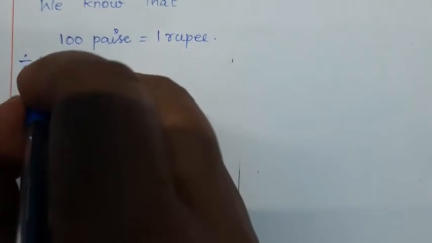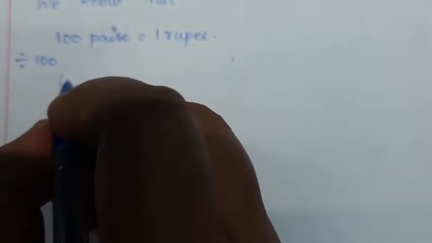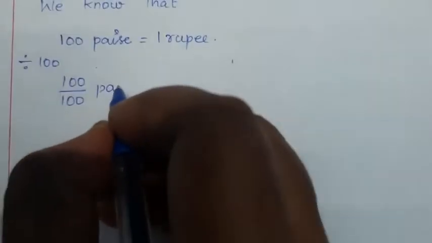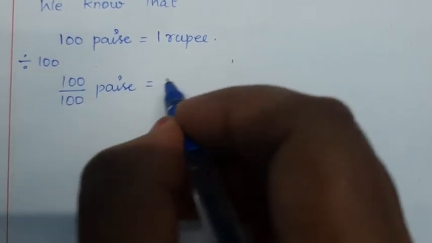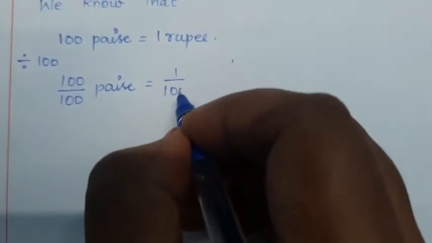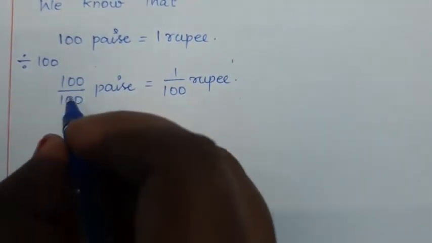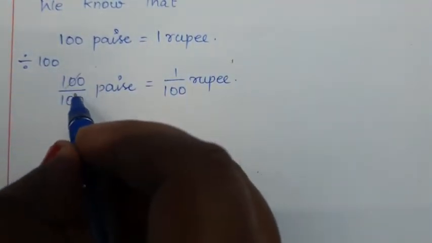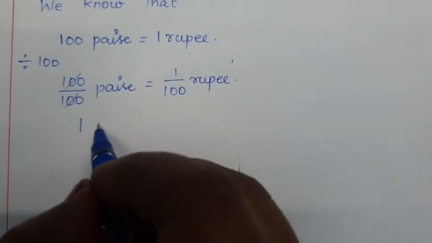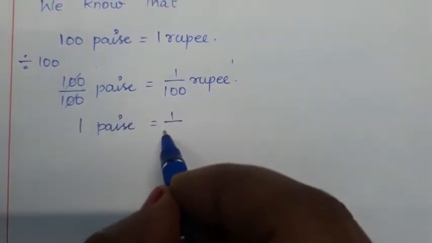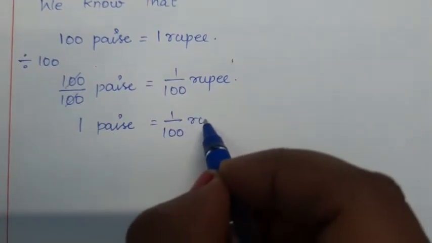By dividing 100 on both the sides, we get 100 divided by 100 paise, which is equal to 1 divided by 100 rupee. Dividing 100 by 100, we get 1 paise. 1 paise is equal to 1 divided by 100 rupee.